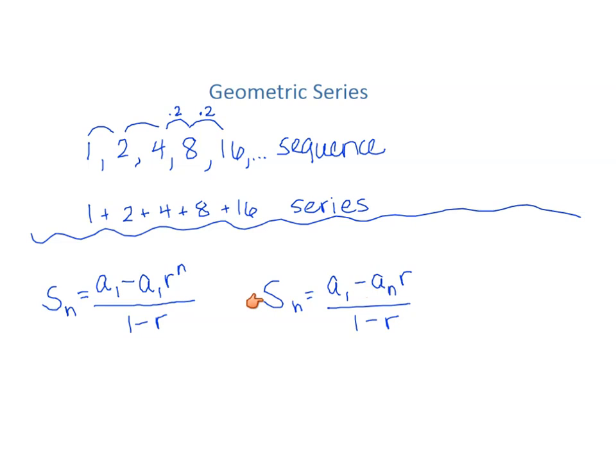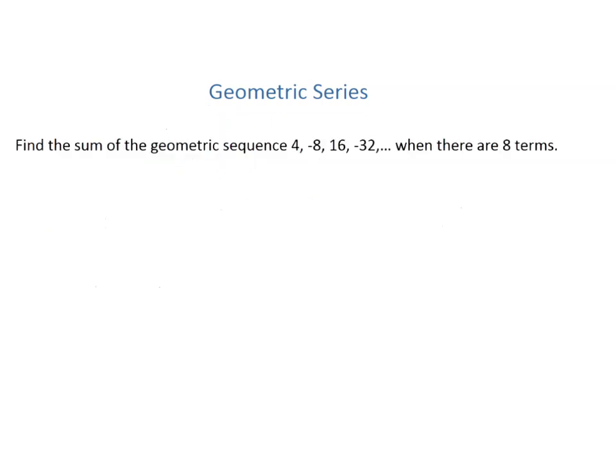If you're just given the first term, the common ratio, and the number of terms that you want, then you would use the other one. You would use the second formula when you're given the last term, which is a sub n. And you would use the first one the rest of the time. For that one, we just need to know the first term, the common ratio, and the number of terms we're looking for.